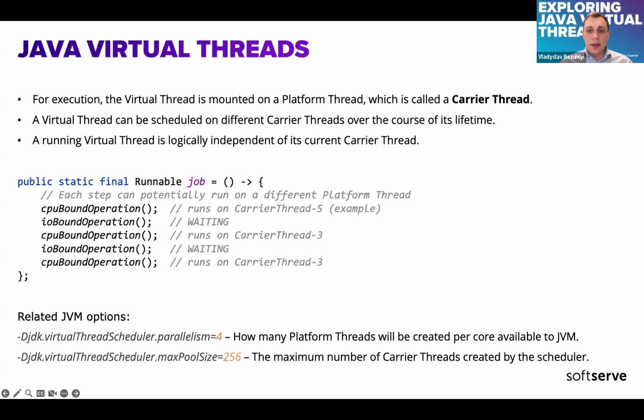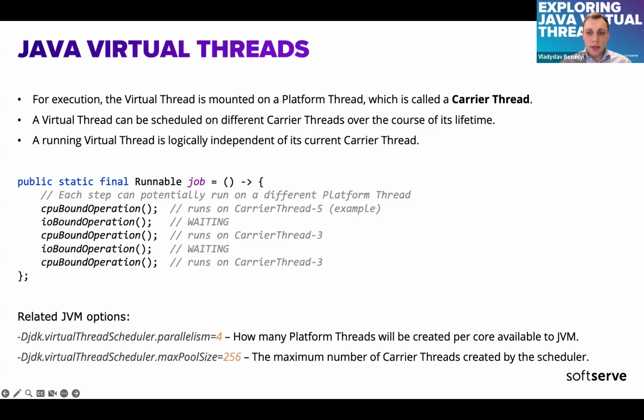So what about the state of the thread when it's being unmounted? Upon detecting the virtual thread is blocked, the Java runtime unmounts it from the carrier thread. This means that the carrier thread is now released and can now be used to execute other virtual threads, improving overall throughput this way, and hence providing better resource utilization.